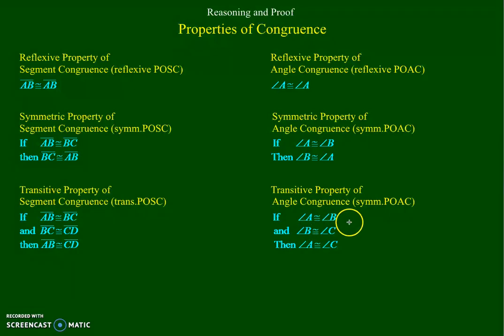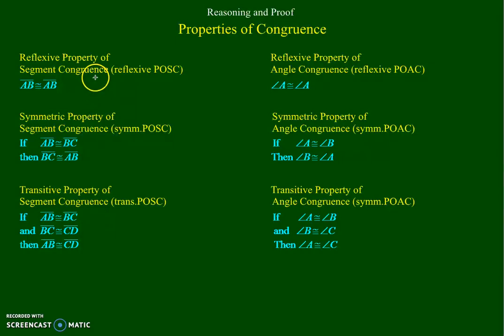So here we have transitive property of angle congruence. If angle A is congruent to angle B, and angle B is congruent to angle C, then angle A is congruent to angle C. Angle A is congruent to angle C. Transitive property is very closely akin to the law of syllogism in logical laws. So now we have three new tools for our tool belt, if you will.